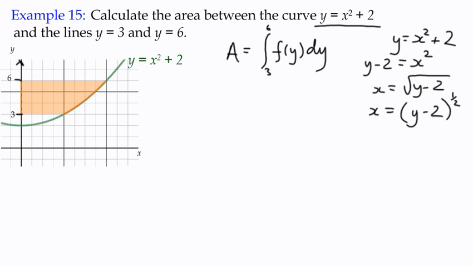So now the area is the integral from 3 to 6 of y minus 2 to the power of half dy. There we go, which we should be able to do. There's a couple of ways of going about it. We could try and multiply out, but it's only a fractional index, so we can't do it that way. We'll just have to go ahead and integrate it.